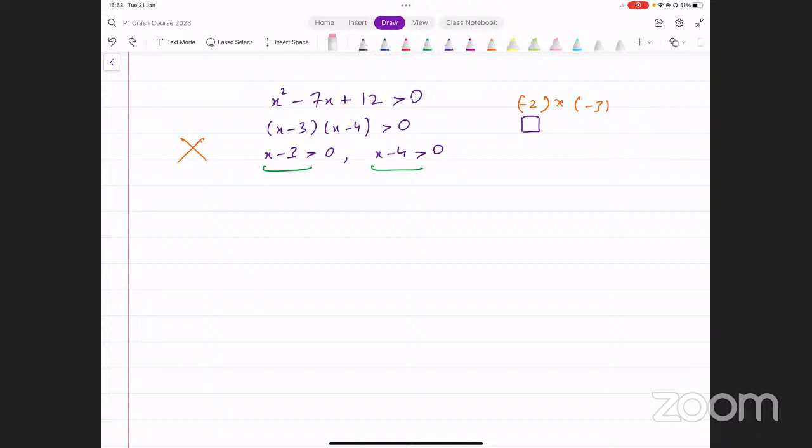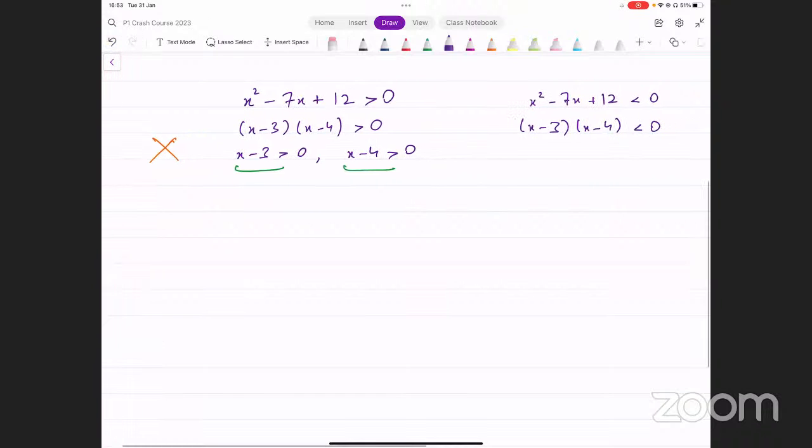Similarly, if you had another inequality, x squared minus 7x plus 12 less than 0, and you factorized the left-hand side, you would get the same factors, x minus 3 and x minus 4, less than 0. Here as well, it would be wrong to assume that x minus 3 is less than 0 or x minus 4 is less than 0.